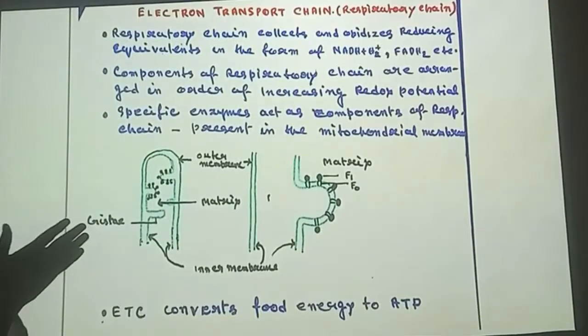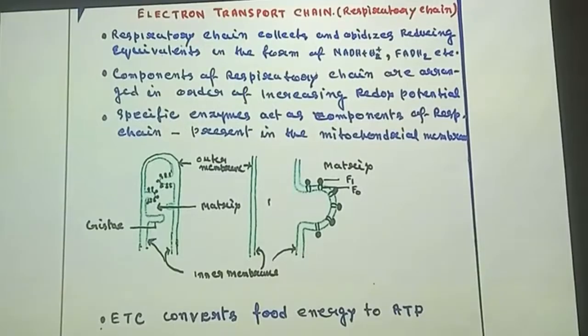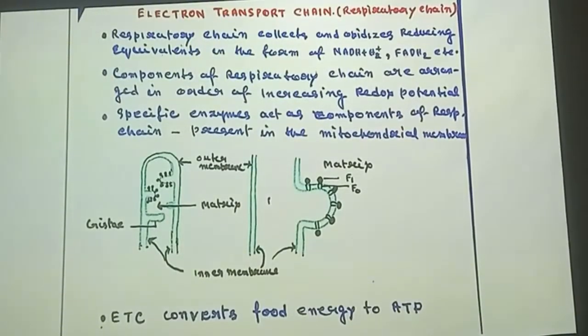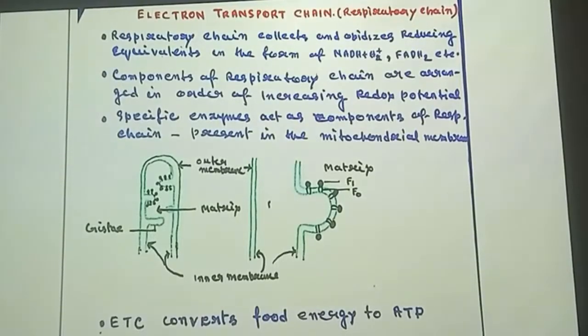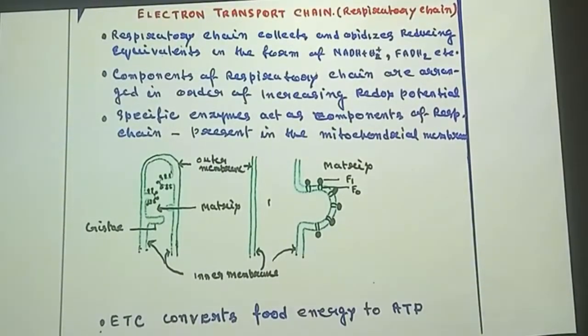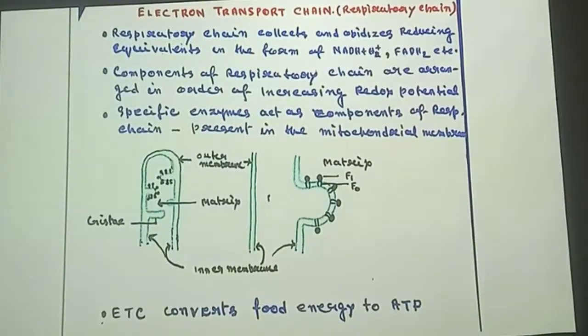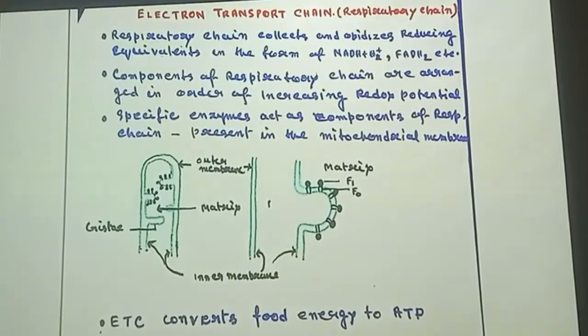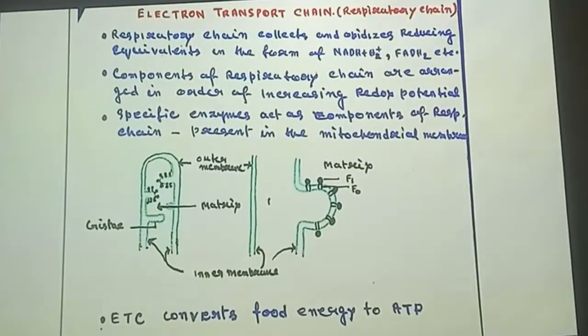Why is H plus written? Because that one particular H plus is not joined with the NADH group of molecules. You will learn that in detail later. But FADH2 is there. Components of the respiratory chain are arranged in order of increasing redox potential. We are going to discuss that in the next class.